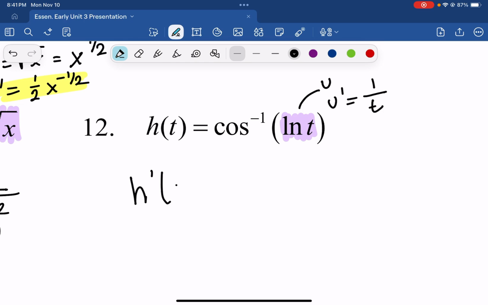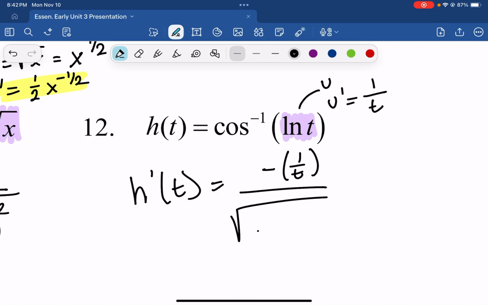So take the derivative of arccosine, or cosine inverse. And that's negative u prime over the square root of 1 minus u squared.